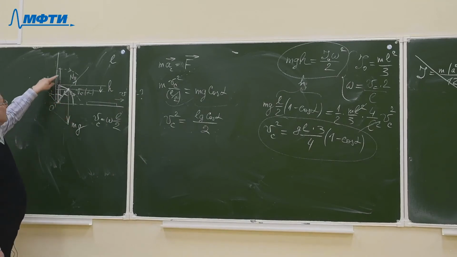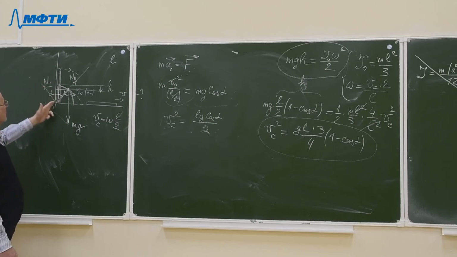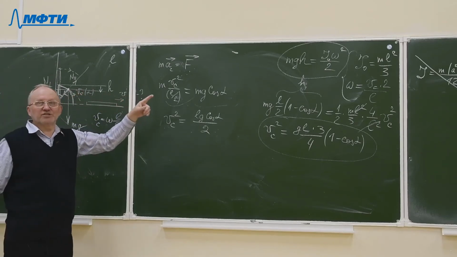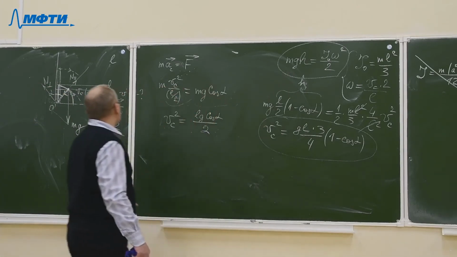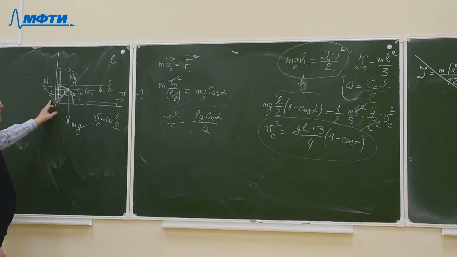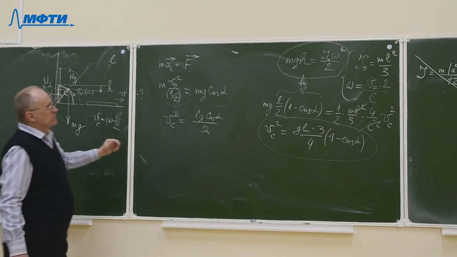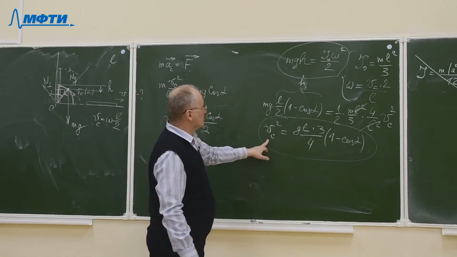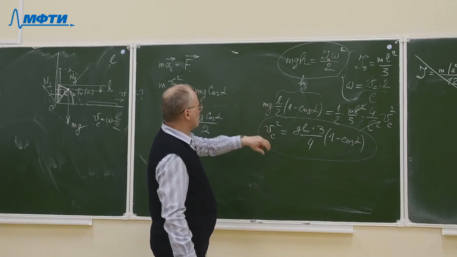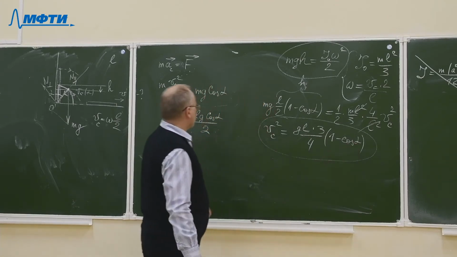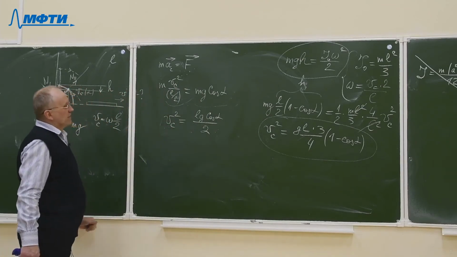But until the very last moment when the plate loses its contact with the vertical wall, this conservation of energy holds. So this formula holds until this very last moment. This is the relationship between the velocity of the center of mass and the angle of the plate.